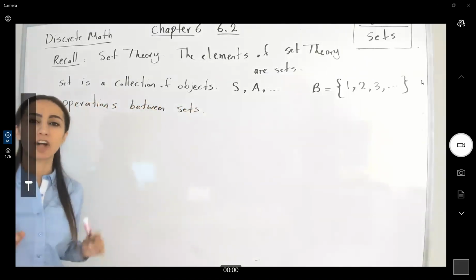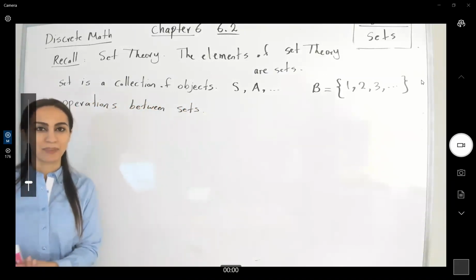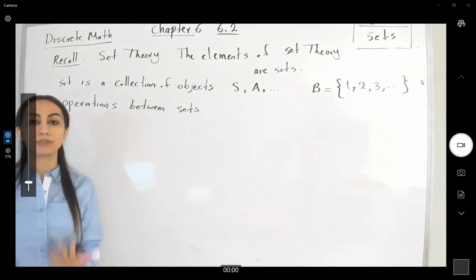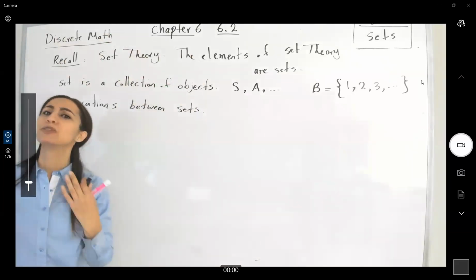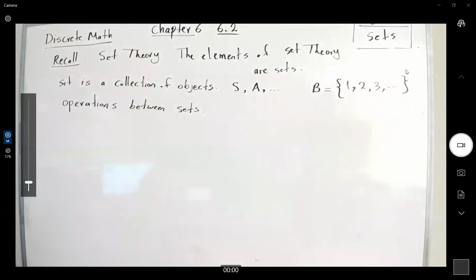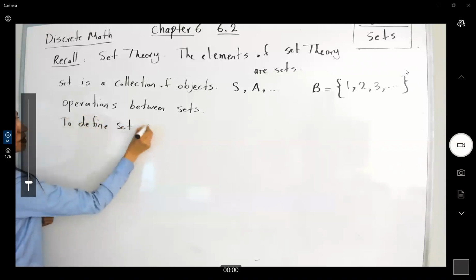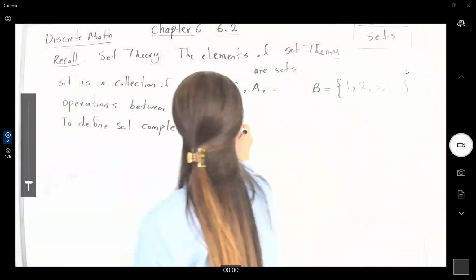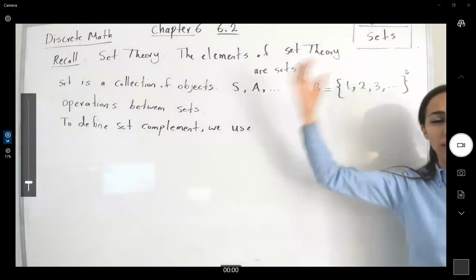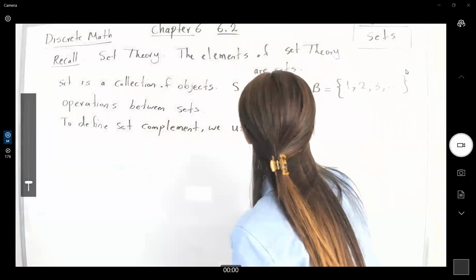Remember that the very first operation that we talked about was the complement of a set. To define set complement, we need a very big set that we call the universal set.